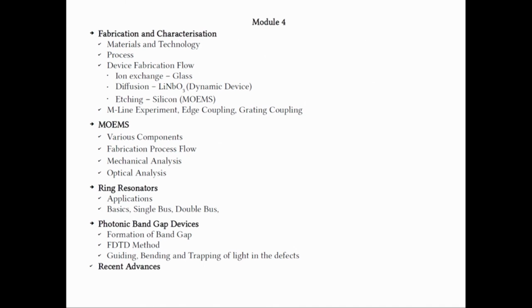So, we looked at a few processes where you can fabricate these MEMS devices. In particular, we can use two broad categories, bulk micromachining and surface micromachining. These are the two important processes that are used for MEMS, optical MEMS applications. So, we looked at a little bit of analysis on the mechanical side of the cantilever beam. Then the optical analysis, which is similar to the propagation in optical waveguides, is considered.